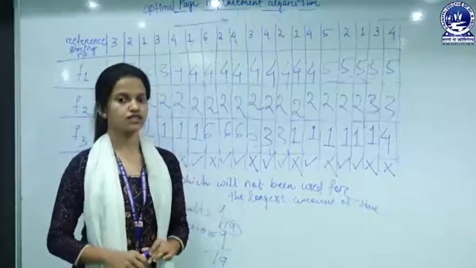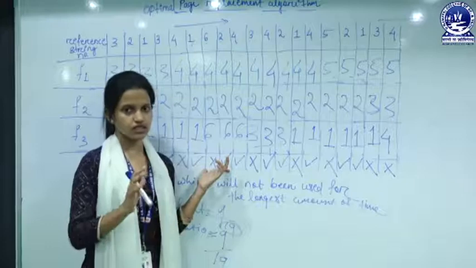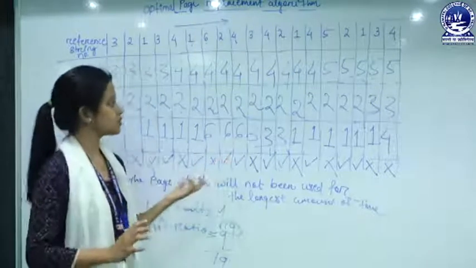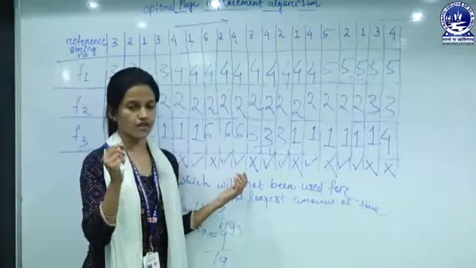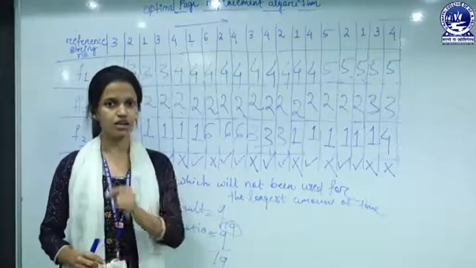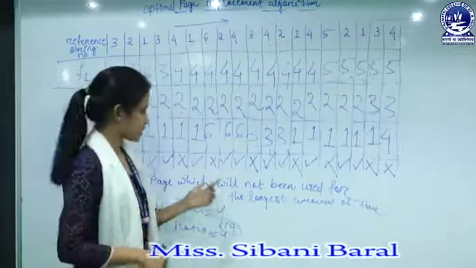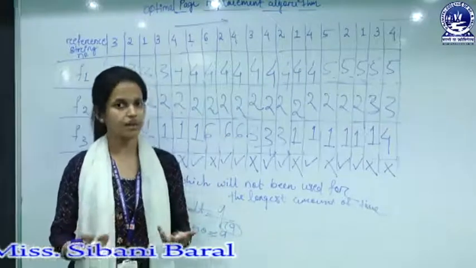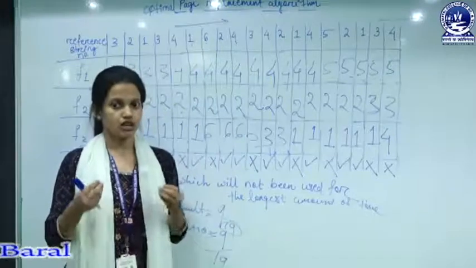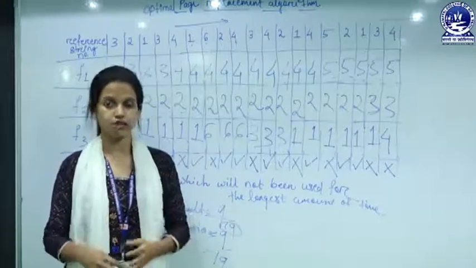This optimal page replacement algorithm is just a benchmark or standard that gives the best result, the minimal page faults compared to other algorithms. So this is the best approach, but it is not implementable because we use this algorithm on the basis of the future, which is not possible.